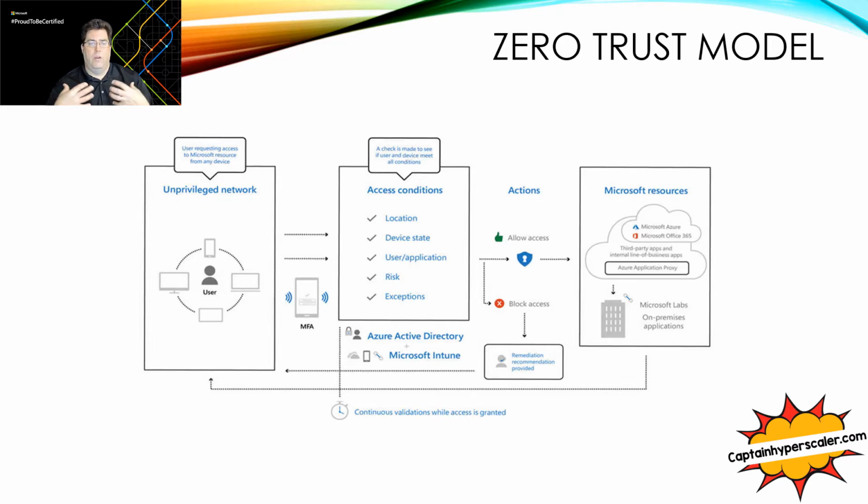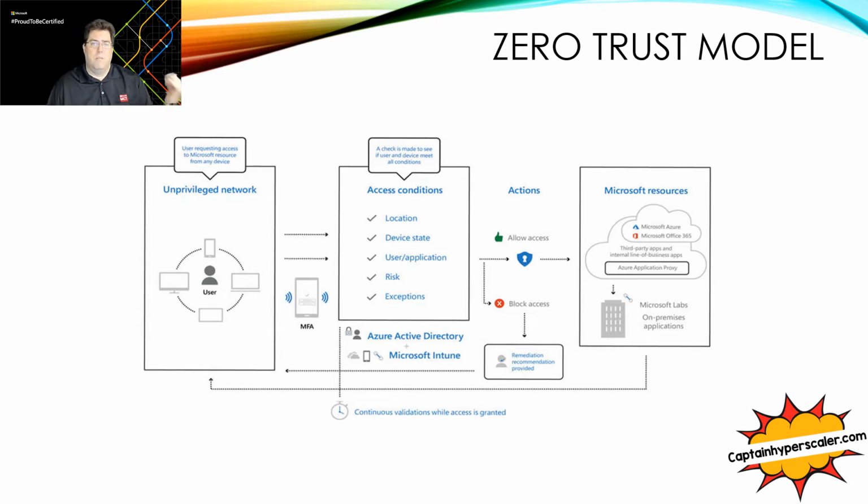And so we are looking at a number of different conditions that might be the triggers, and then we determine what set of actions we're going to take before we provide access or maybe block access to resources. And that's really what comes down to the zero trust model.